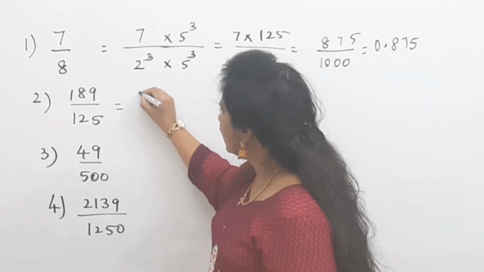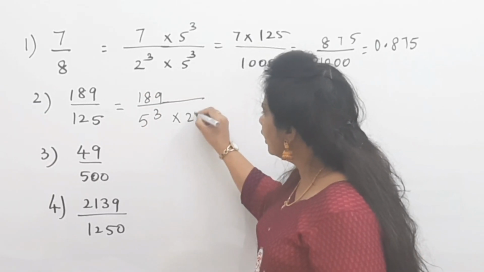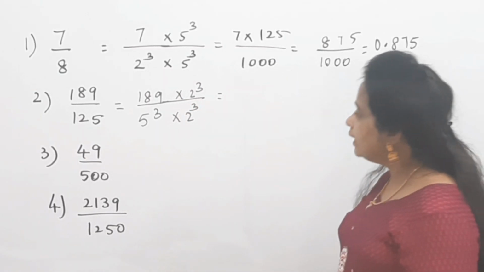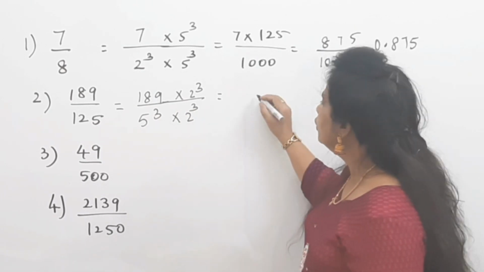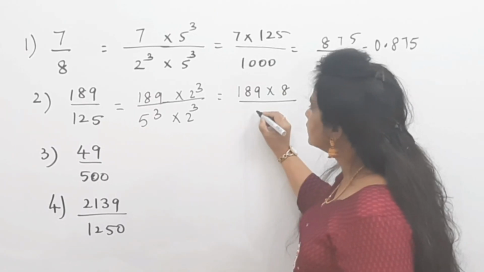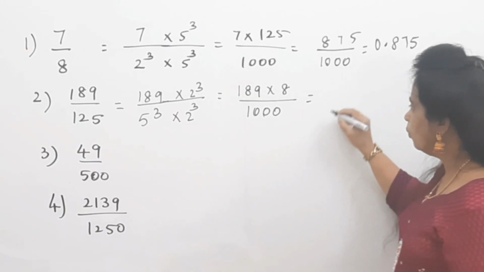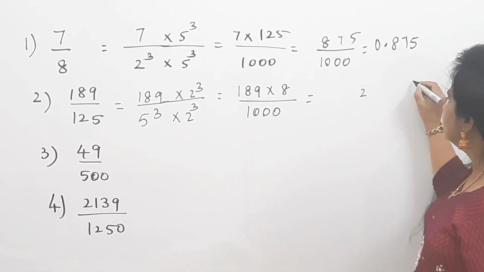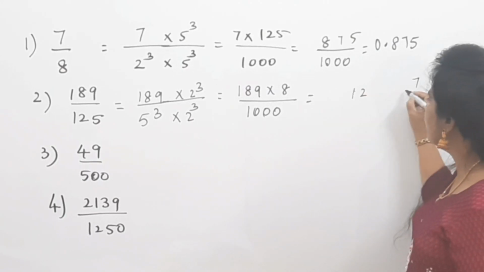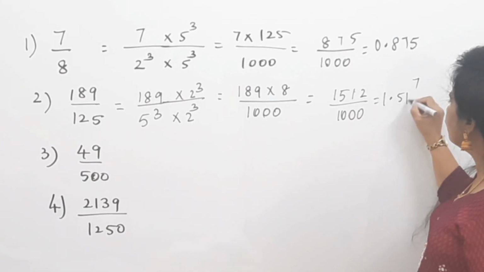Now the next number, 189 divided by 5 power 3. To get the decimal expansion, I multiply and divide by 2 with the same power as 5. So I have 189 into 8 divided by 5 cube into 2 cube, that becomes 1000. 189 into 8 is 1512, divided by 1000, which is equal to 1.512.